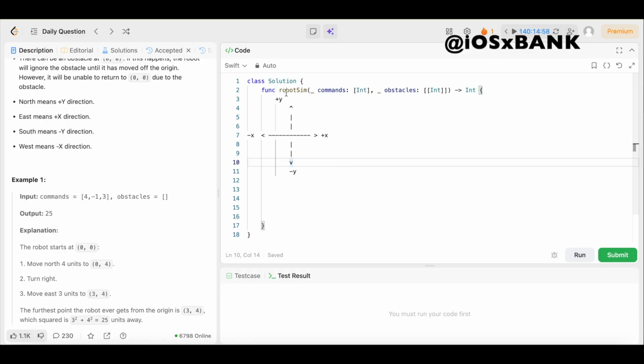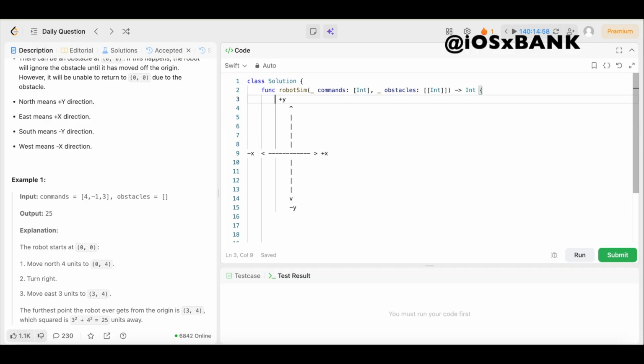So we have our commands. At least for the first example, let's see if we can squeeze 4 of these. Okay, so this is our grid, right?